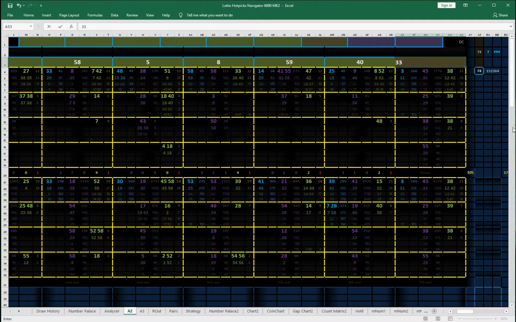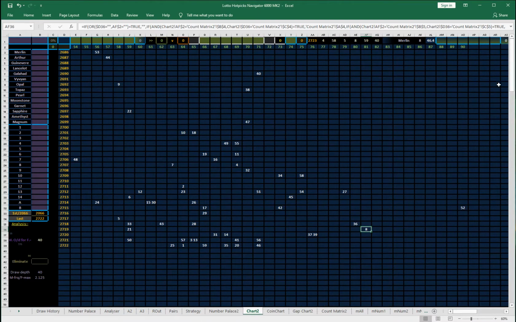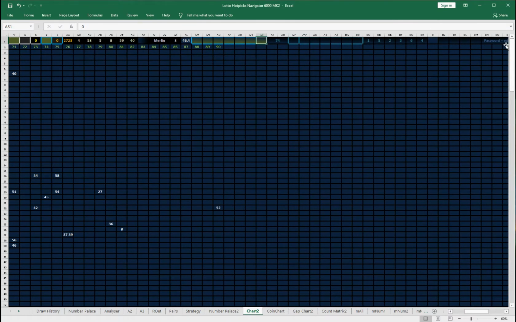And the reason why I picked 33 had something to do with the bonus ball.